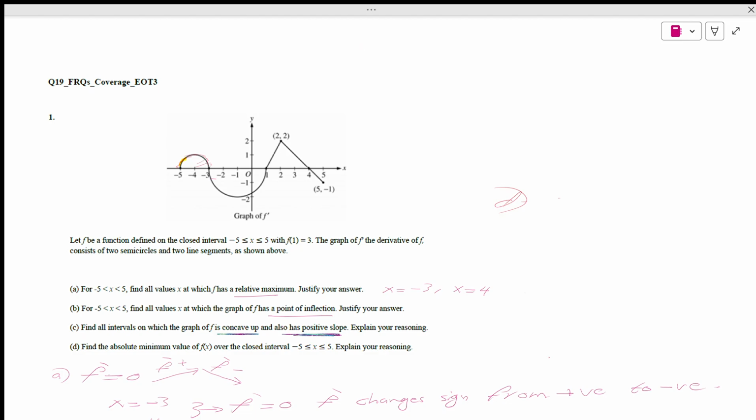It will increase this amount. This is -5, and then it will decrease because the derivative lies below the x-axis. So it will go down, down, down until 1. From -3 to 1, it's decreasing, and then it will go up this amount, this area under the curve.